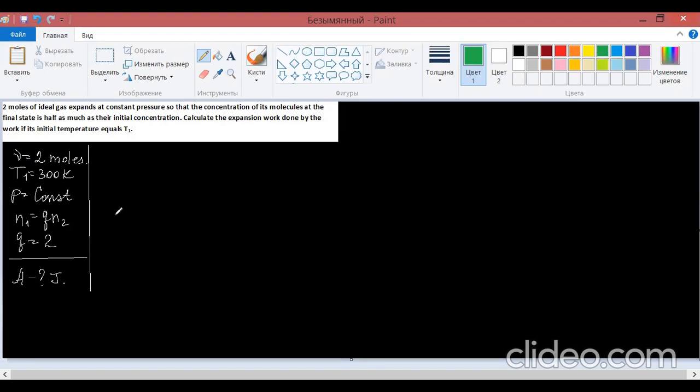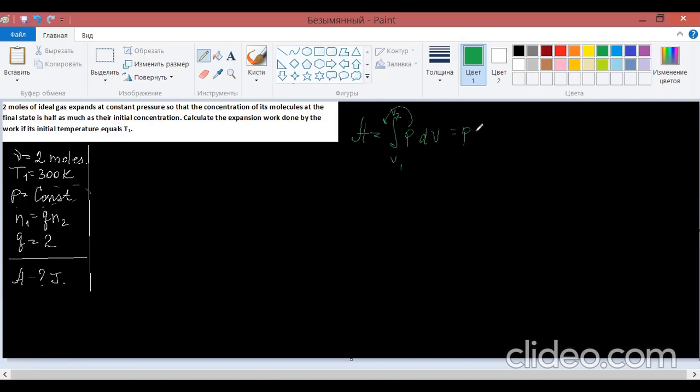We are asked to calculate expansion work. First of all, let's write down the common formula which enables us to do that. It is the integral of P dV, with the integration limits V1 and V2, right? But happily for us, the pressure is constant, and for that reason we can put it before the integration symbol.